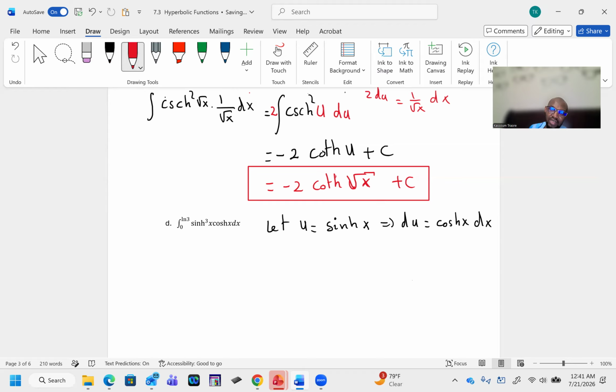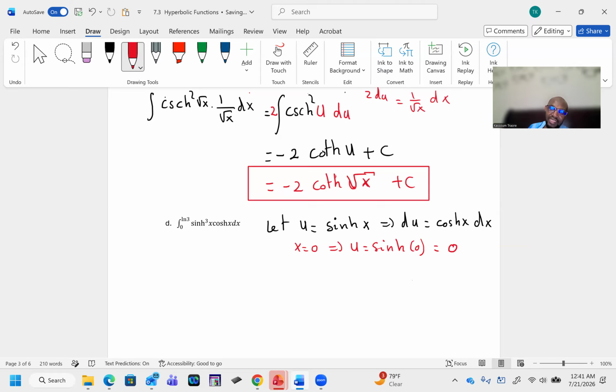So you can see when x is 0, then our u will be what? Hyperbolic sine of 0. And you know, that will just give me 0 because it will be e to the power of 0 minus e to the power of 0 divided by 2, which is 0 divided by 2, which is 0.